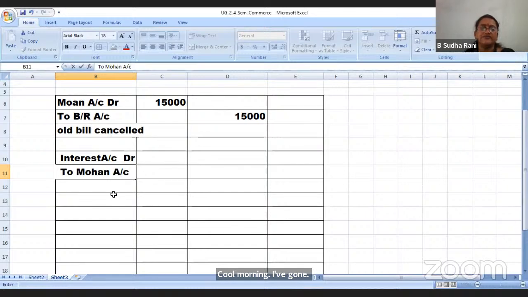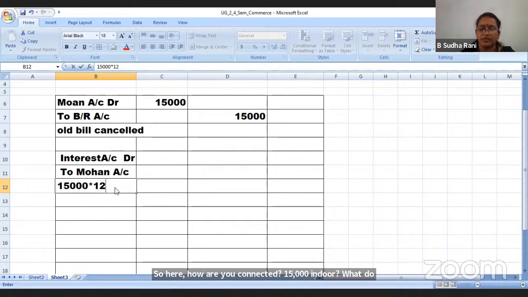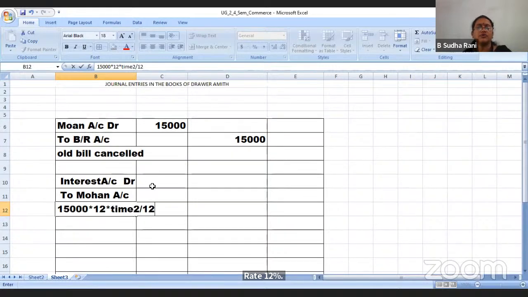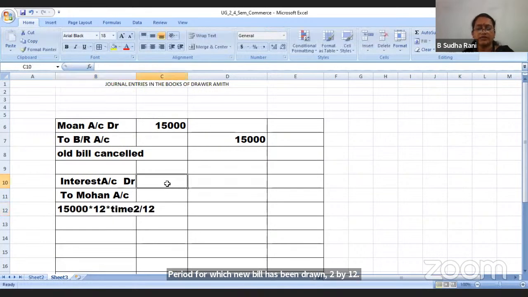Here how you calculate: 15,000 into rate 12% into time, that is the period for which the new bill has been drawn, 2/12. If you do, you will get it. That is how you get the interest amount 300.